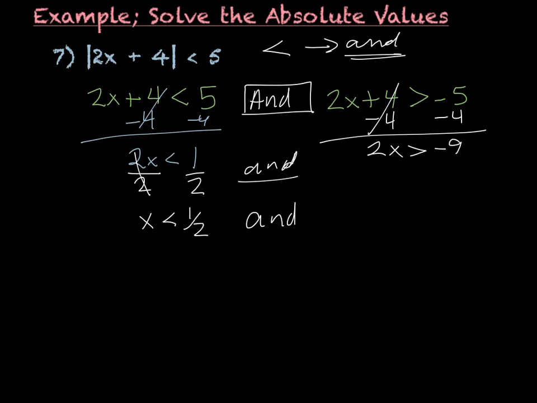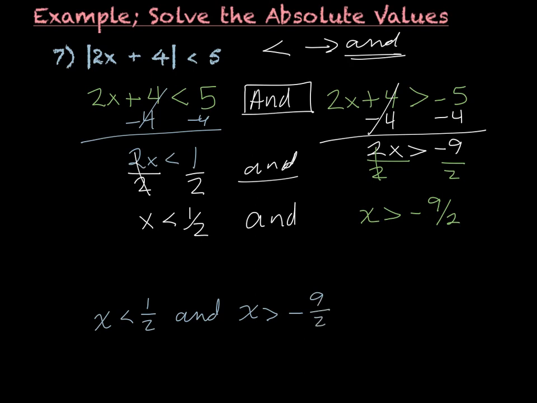And then I have to divide by 2, so x is greater than negative 9 over 2. So your final answer is x is less than 1/2 and x is greater than negative 9/2.